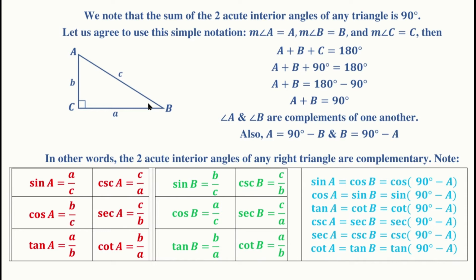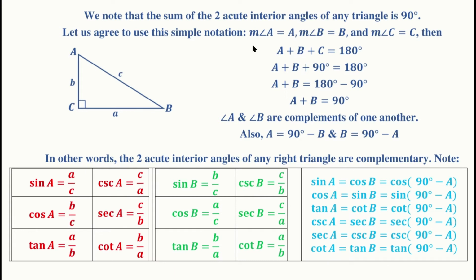Both of them are going to be between 0 degrees and 90 degrees, so they're both acute. More interestingly, notice that if you add them, their measures will have to add up to 90 degrees, because then you add them to this and you get 180, as we know from the triangle sum theorem.